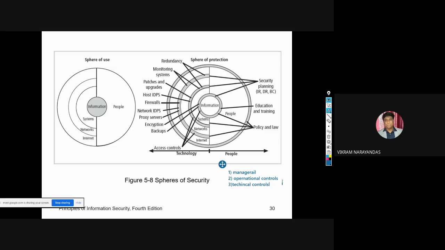Technical controls generally cover cryptography to protect information in storage as well as when it is being transmitted.